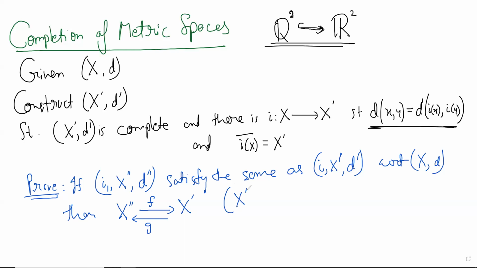I will write this as X and X prime are isometrically isomorphic. You can check out this definition, but I have told you in a weaker way what this means.